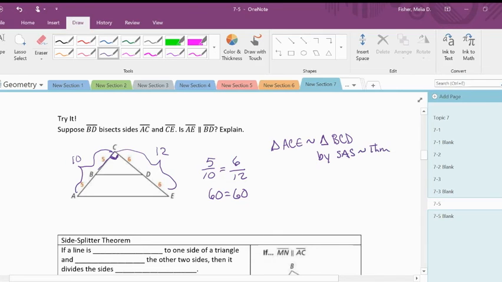And since they are similar triangles, we know that all of the corresponding angles will be congruent. So I can say that angle CBD will be congruent to angle CAE.